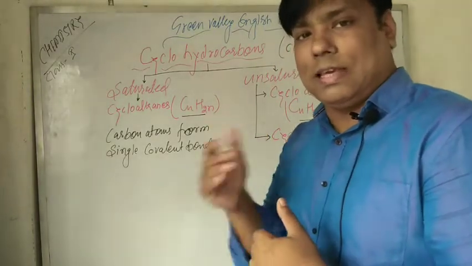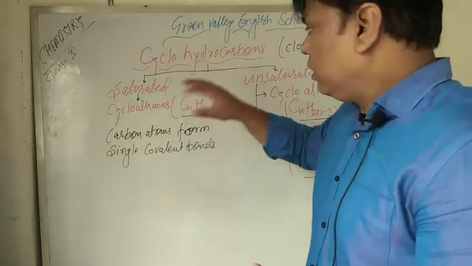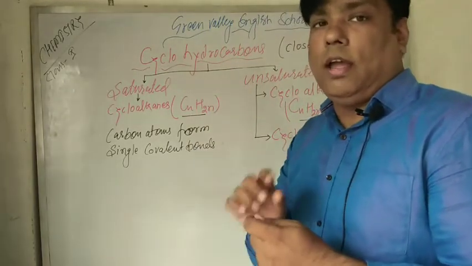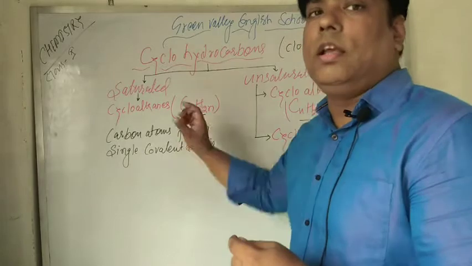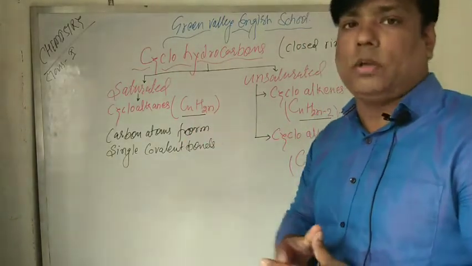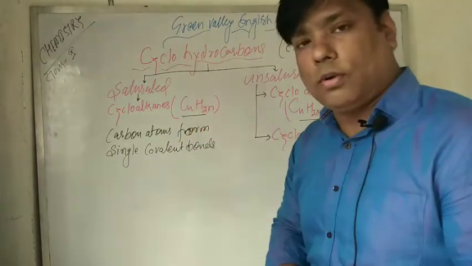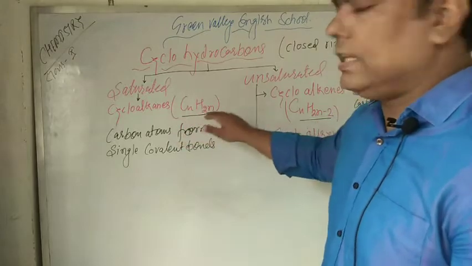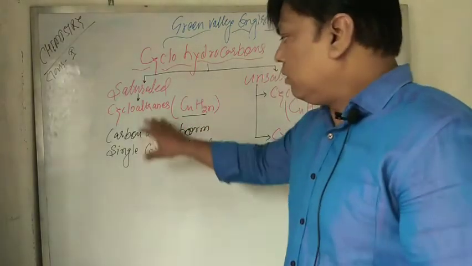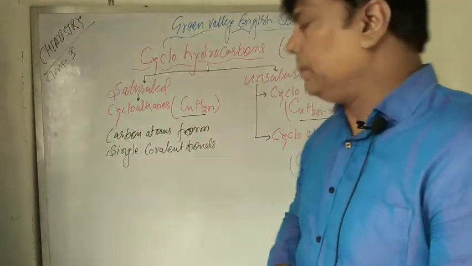Here, cycloalkanes means those carbon ring structures having a single bond at each carbon. If each carbon contains a single bond in a cyclic form of hydrocarbon, then it is called a cycloalkane. The general formula is CnH2n, right? So carbon atoms form single covalent bonds.